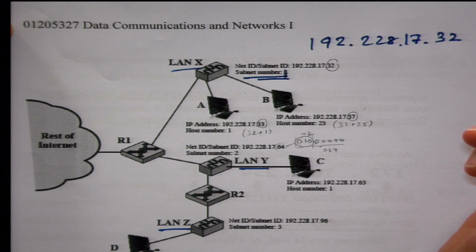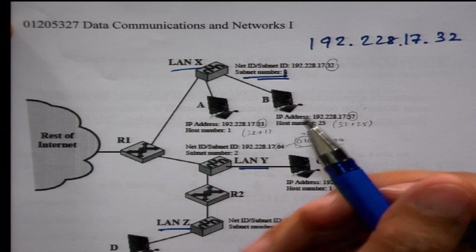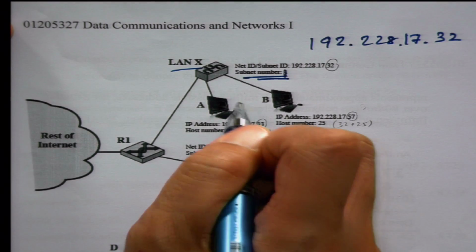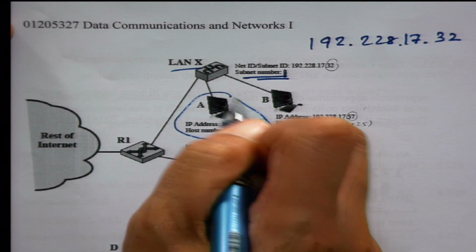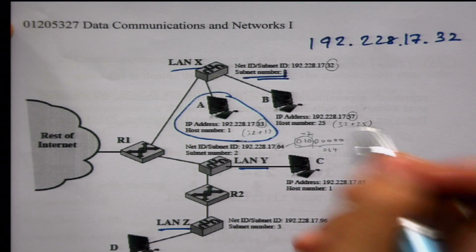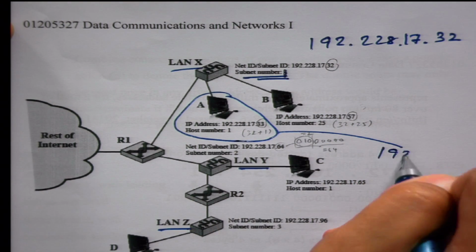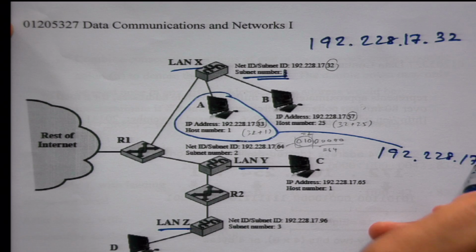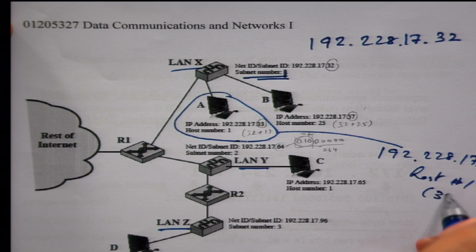The subnet ID is number 1. So in this case, if this host has the address 192.228.17.33, this means that this is host number 1, because 33 equals 32 plus 1. Okay, so host number 1.